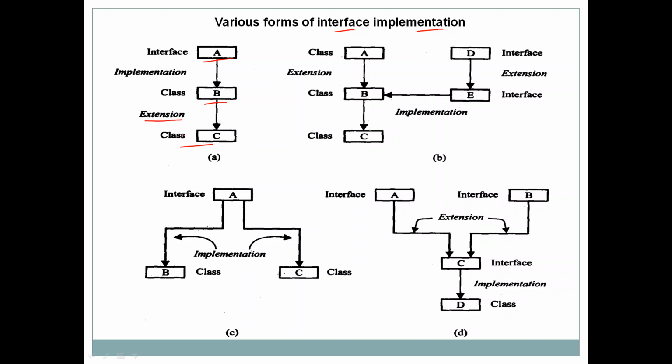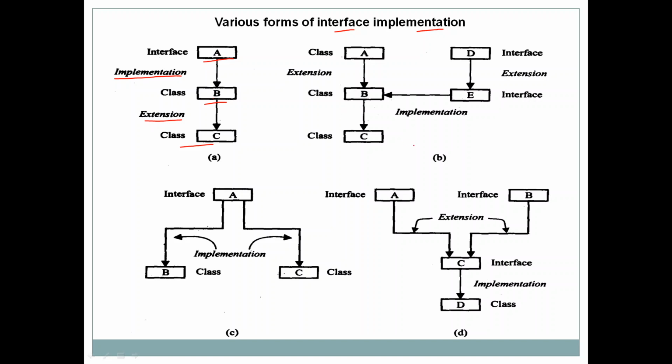That is, class to class is extension, or the keyword extends is used, remember. Whereas class B is inheriting from interface A, and when a class inherits from an interface, it is called implementation. So class B uses the keyword implements to inherit from interface A. So this is one form of implementing an interface.